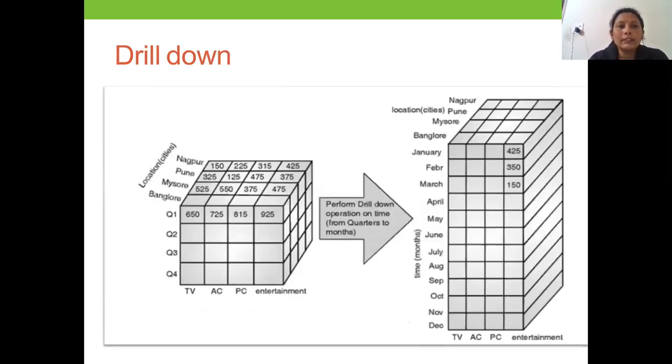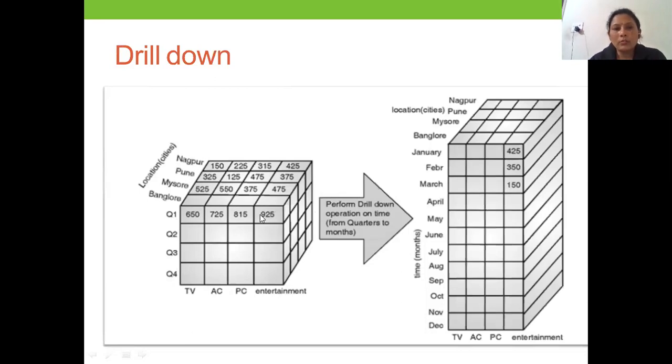Opposite of roll-up is the drill-down operation, and here we have to climb down the concept hierarchy. There will be no aggregation, but there will be segregation of the data as per the query fired by the user. So this is the original data cube. Now the manager is looking for sale in the first quarter, not quarter-wise but month-wise, and that too for entertainment.